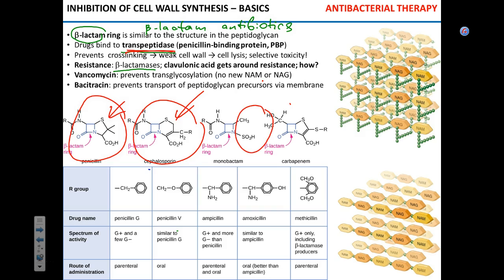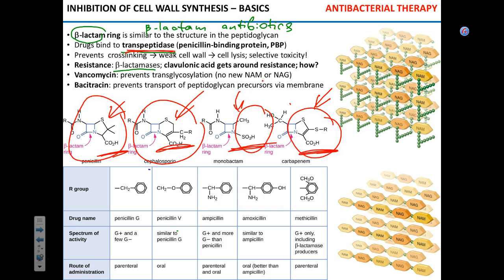This is monobactam, and this is carbapenem. So these parts of the molecule are all different. Does that make sense? So it's side chains that change from one beta-lactam to another. Does it make sense?